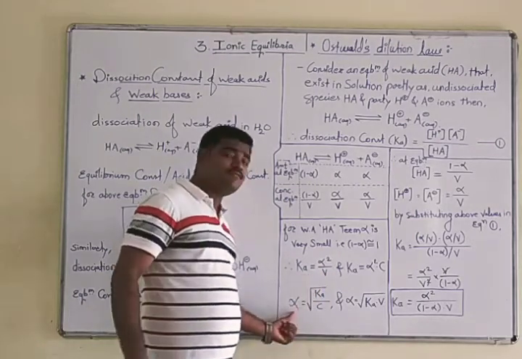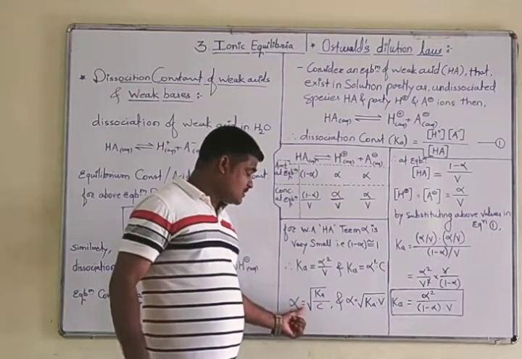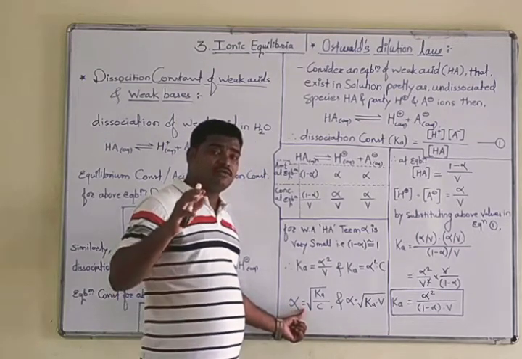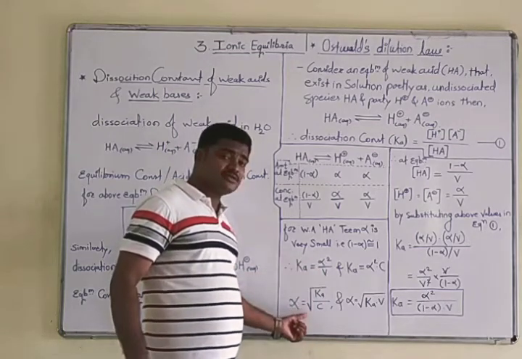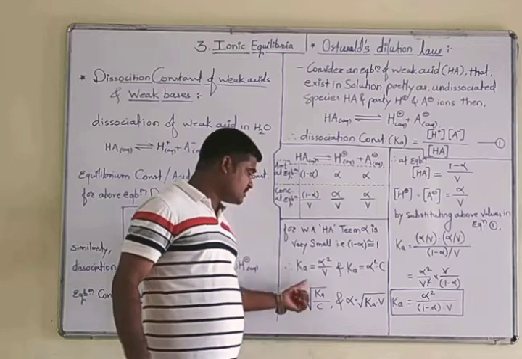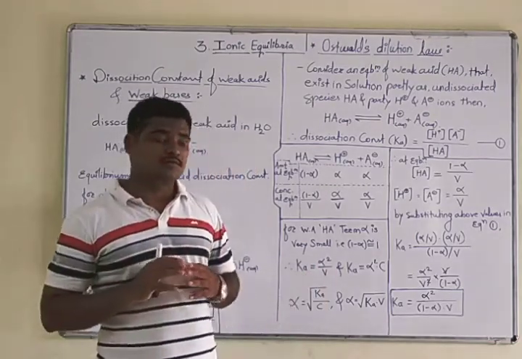You can convert this above equation in the form of alpha, that is degree of dissociation. You can also determine it by converting this equation into this form. All you have to do here is take the square root.